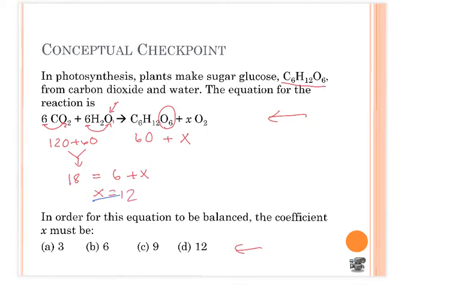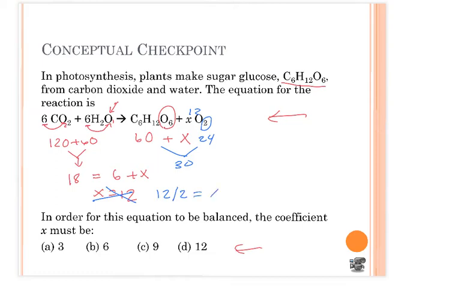But the problem is that there's a subscript of 2 here. So that means if X was 12, that means I have 24 oxygens. But that's not what we want, because 24 and 6, that would give us 30 oxygens. So that's not correct. So we have to divide the 12 by 2 to accommodate for the subscript.